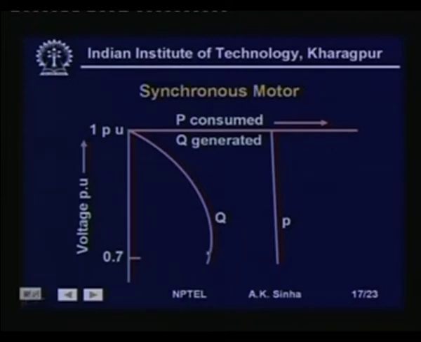So, the Q generated is much larger as the voltage goes below the rated value. So, this is about the synchronous motor.